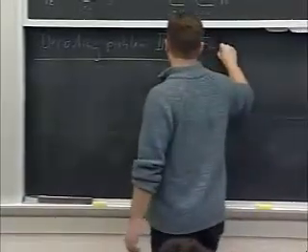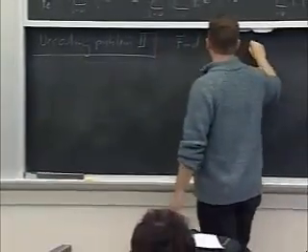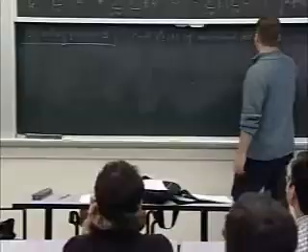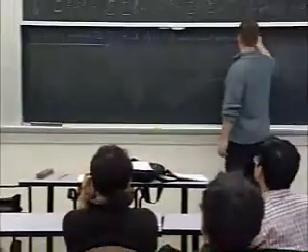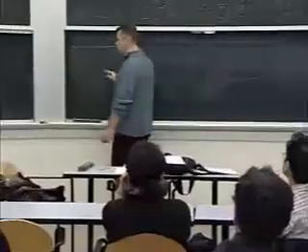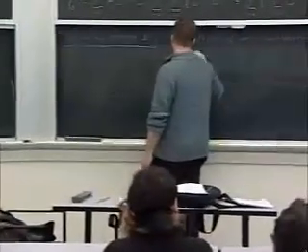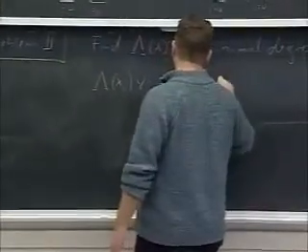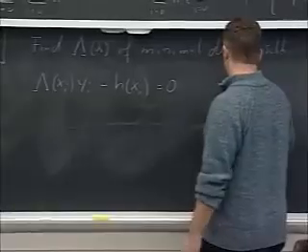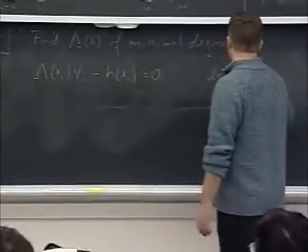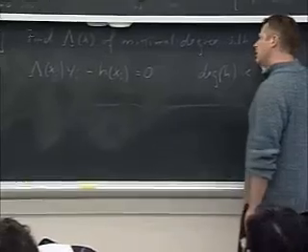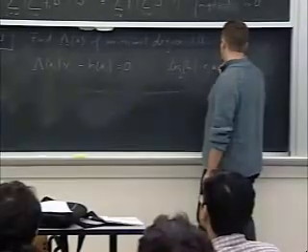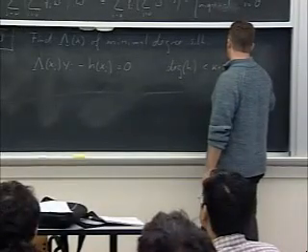Find lambda of x of minimal degree such that, and it's almost the same, lambda of xi times yi minus h of xi is 0, where the degree of h is less than k plus degree lambda.